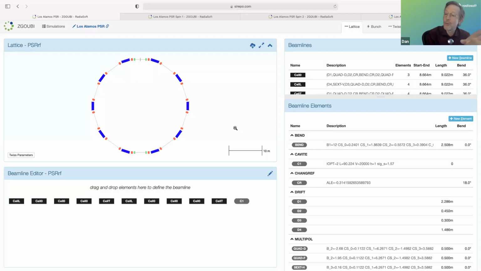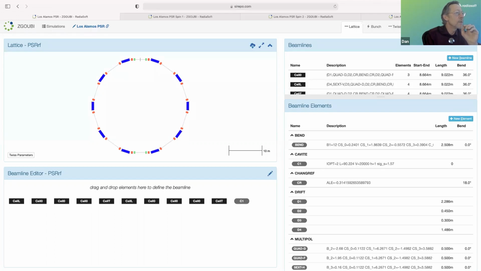Okay, we would lose all those particles immediately. So with an energy gain of 20 kilovolts, I want to go across 50 MeV. So I need 5,000 turns to do that.